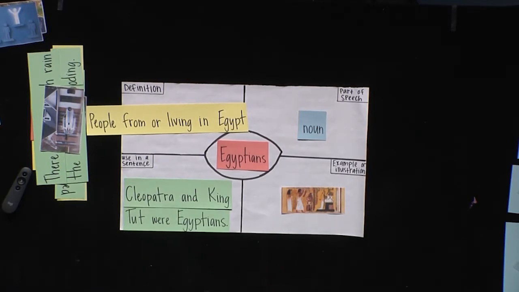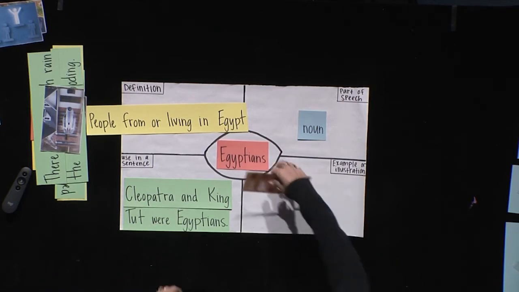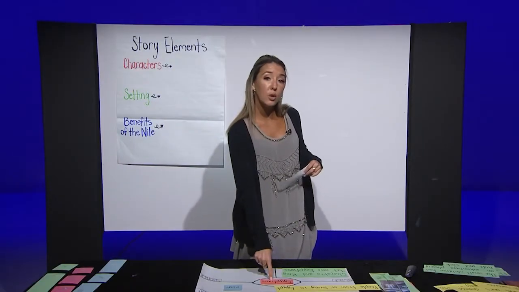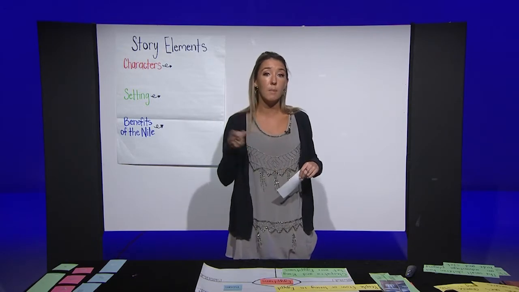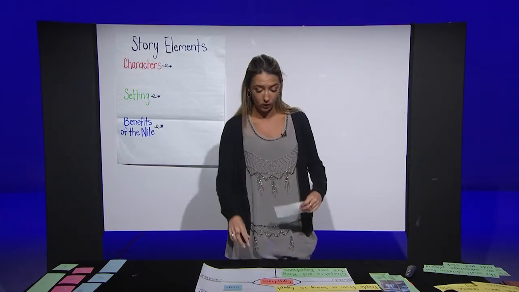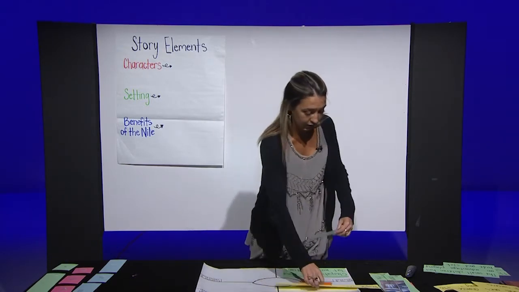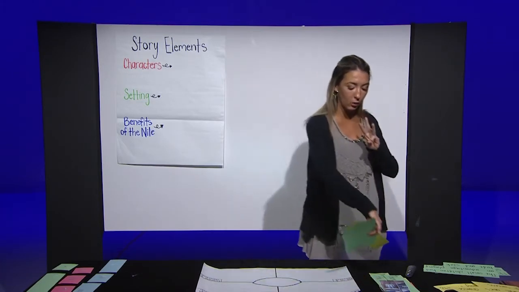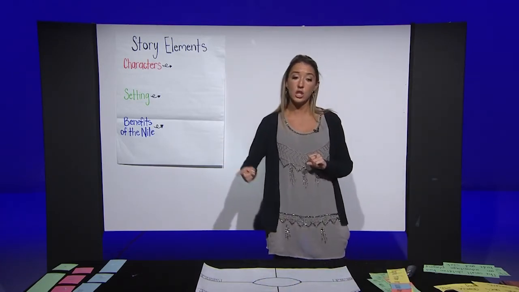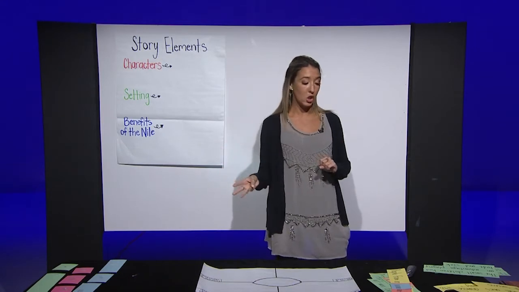And those are two really famous people. Cleopatra was a queen, and King Tut was a king. Remember, super important. That word is going to come back up as we read today too. So that's our third word. We had enriched, flooding, and Egyptians.